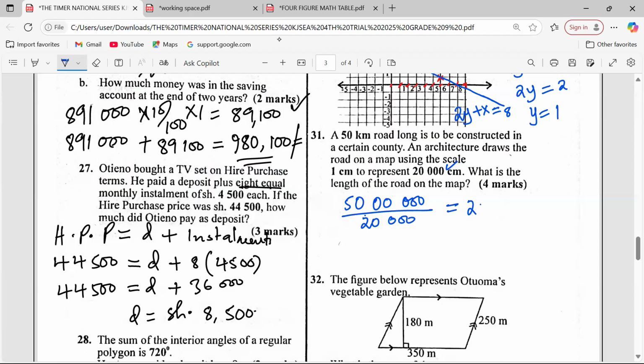I hope my conversion was right. Yeah, so I'm getting 250 centimeters. So on paper, 5 million centimeters will be represented by 250 centimeters. That way.